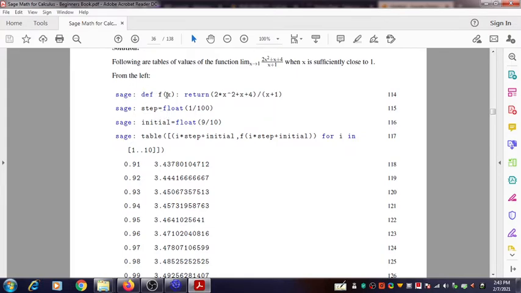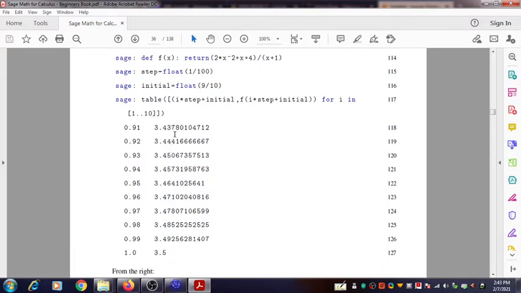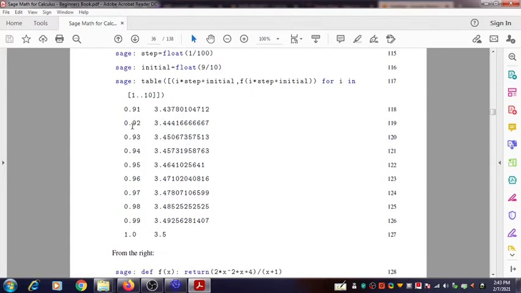This is the first line, the second line, third line, and the fourth line. The 4 lines of commands we are using. After that, when we give the command to get the output, you can see the output in a table.